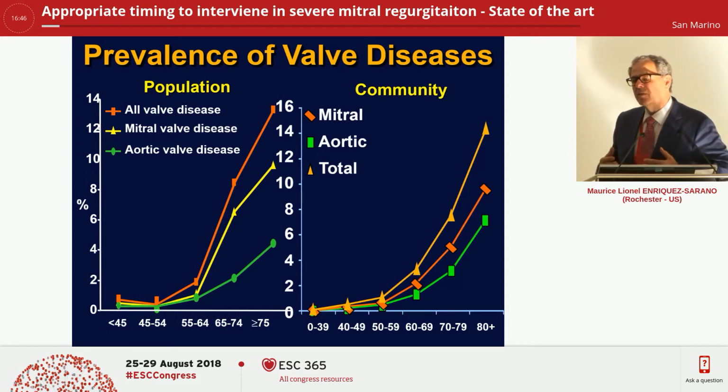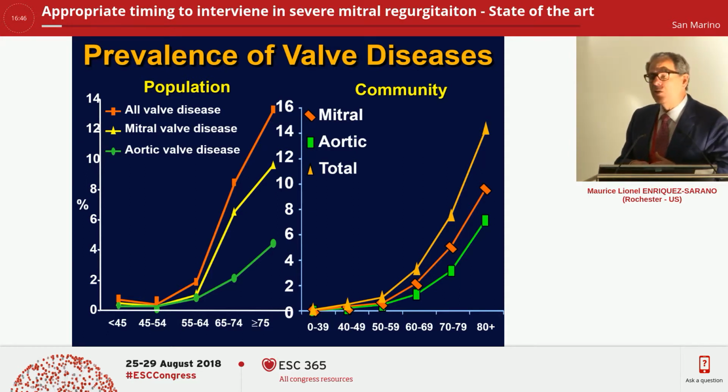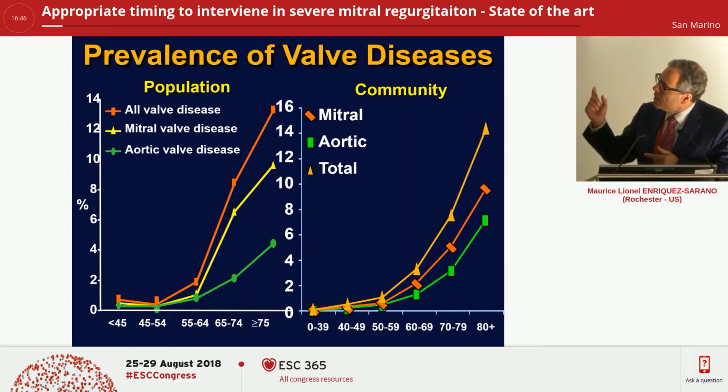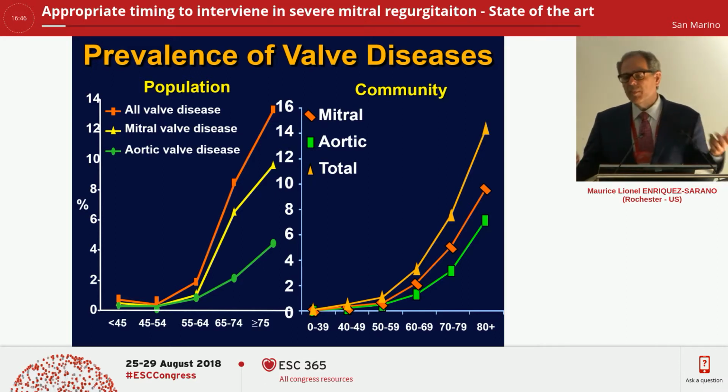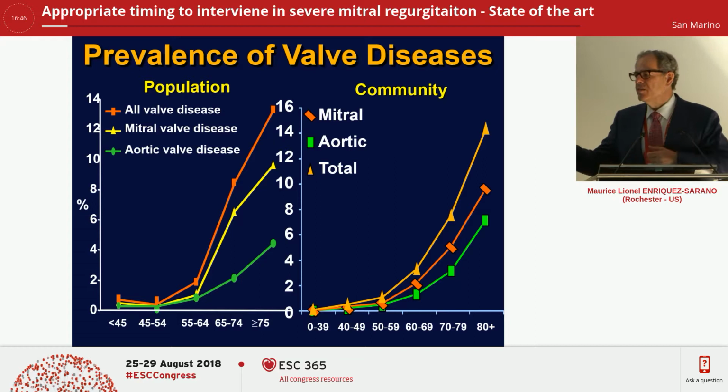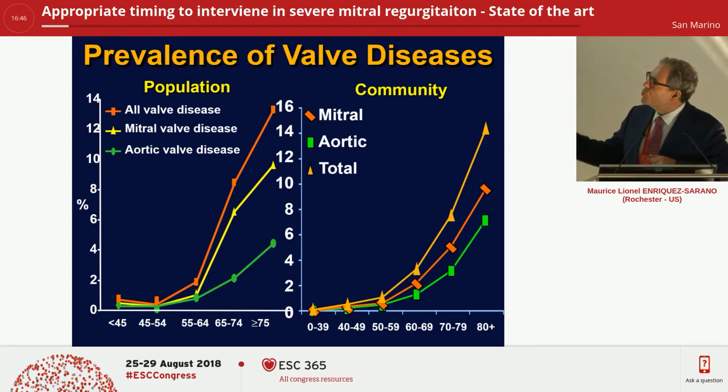So you see that mitral valve disease, dominated by mitral regurgitation, is the most frequent valve disease. And on the left side, the yellow one is mitral valve disease, again in the population where systematic echoes were done. It is the most frequent in the population.